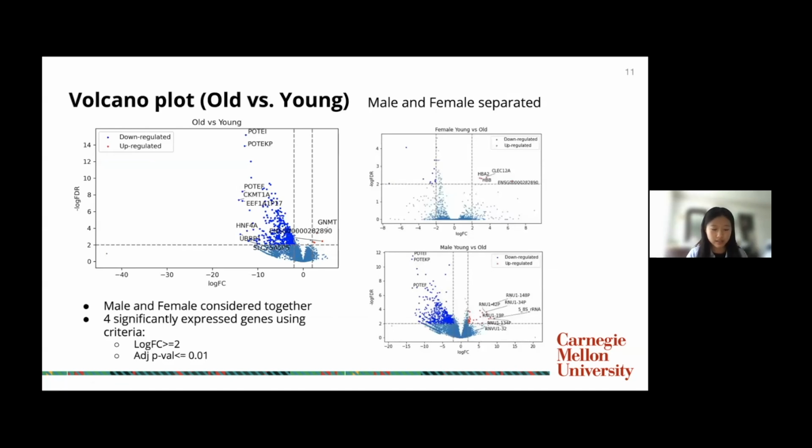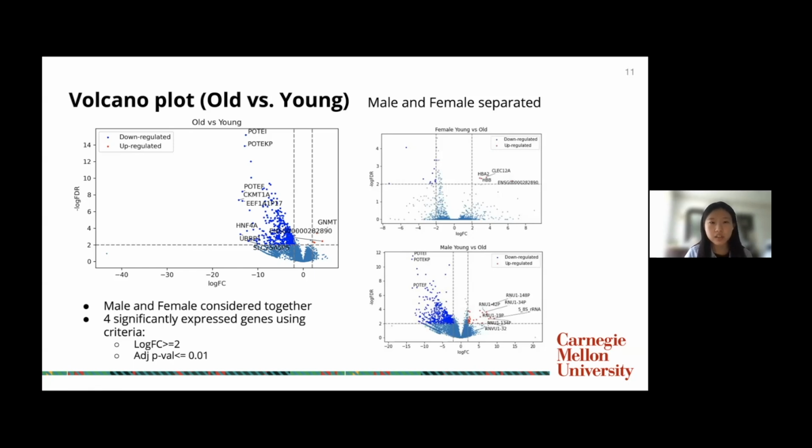I also did some more exploratory data analysis, here comparing the old samples and the young samples with a volcano plot. Here, the red dots indicate the significantly upregulated genes, while the blue dots indicate the significantly downregulated genes.